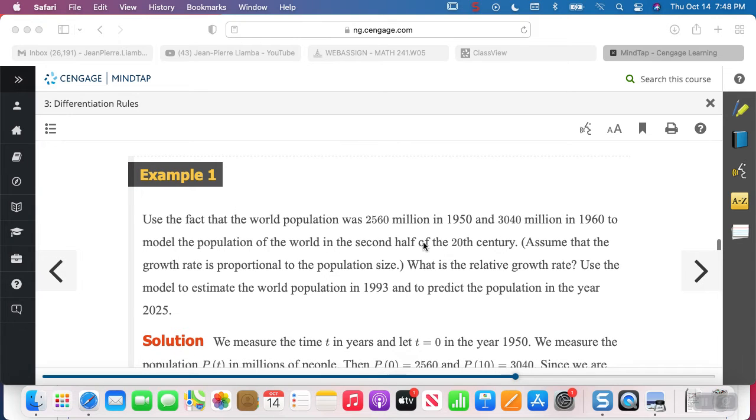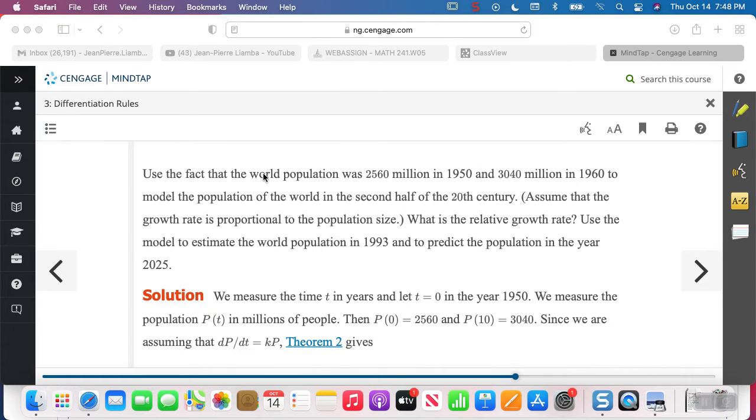For example, here they said the world population was 2,560 million in 1950. And then in 1960, we got 3,040 million people. They want us to model the world population in the second half of the 20th century.